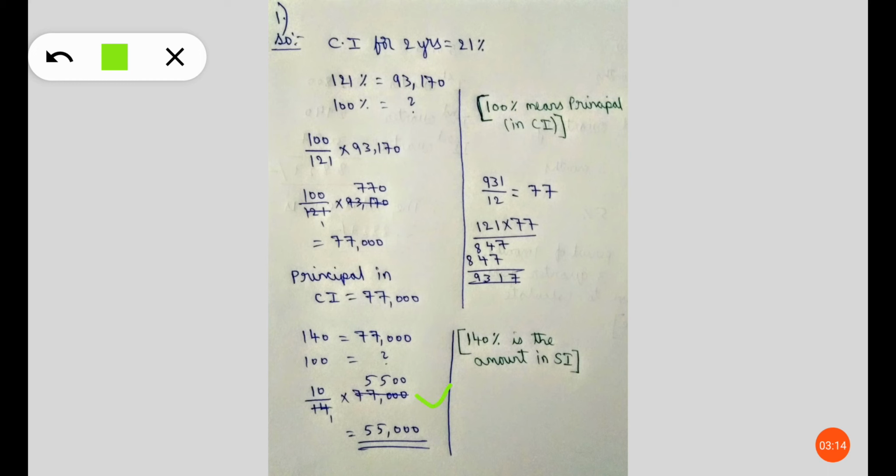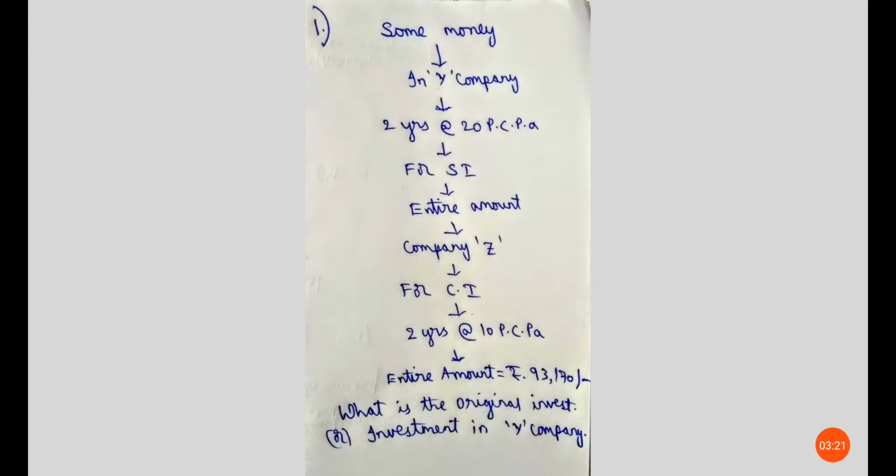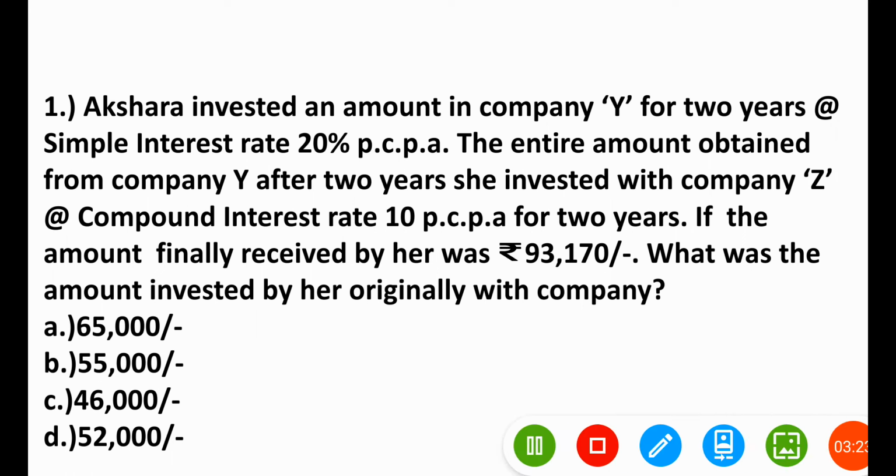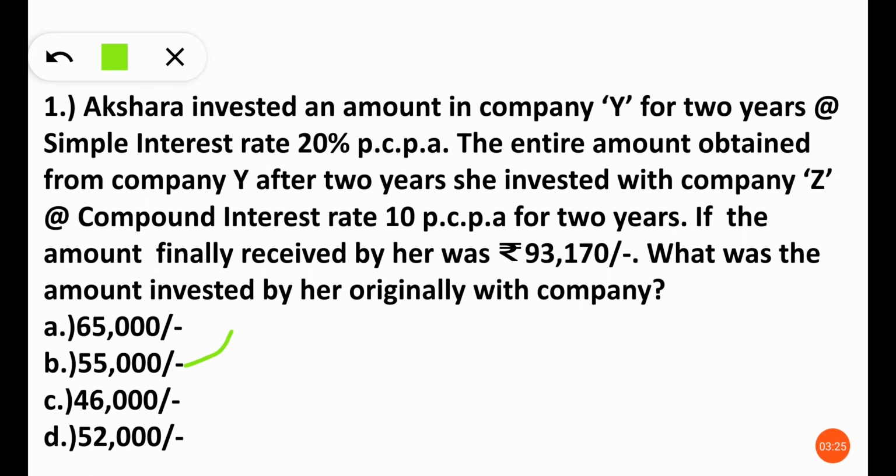So the final principal in simple interest is 55,000. Option B is the correct answer. This is the principal she has invested in company Y.